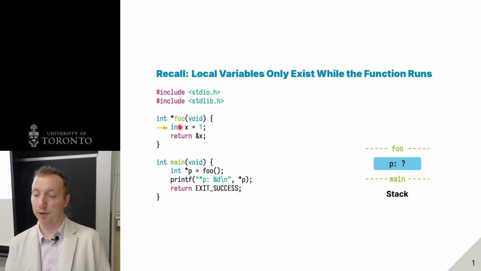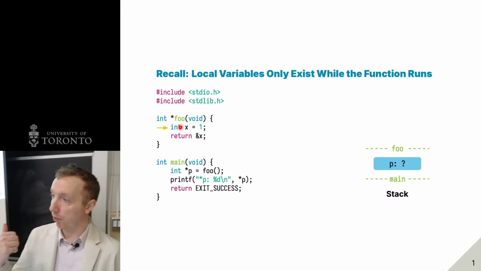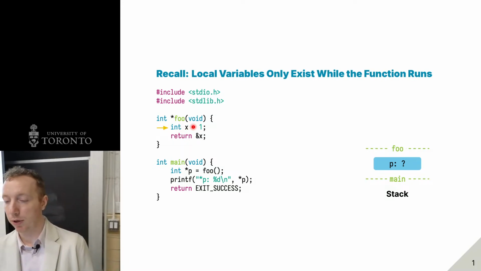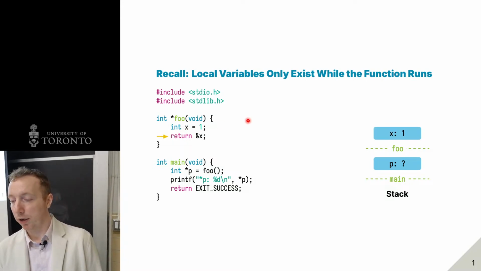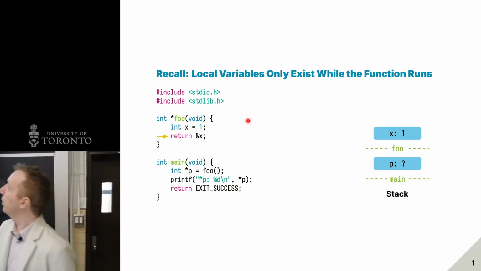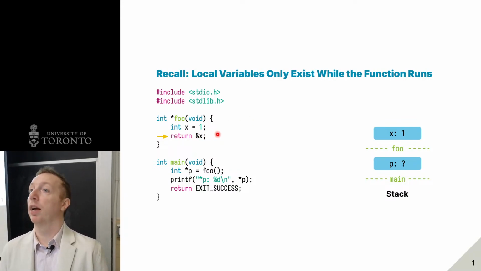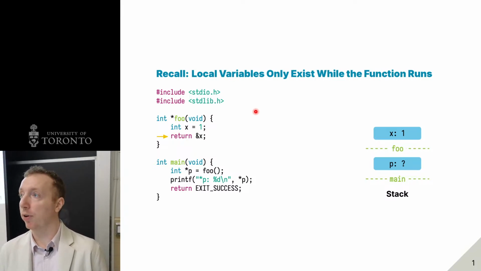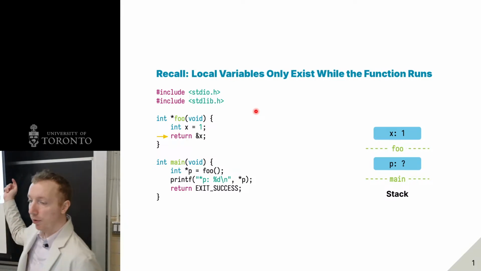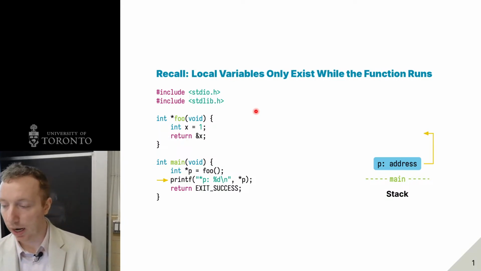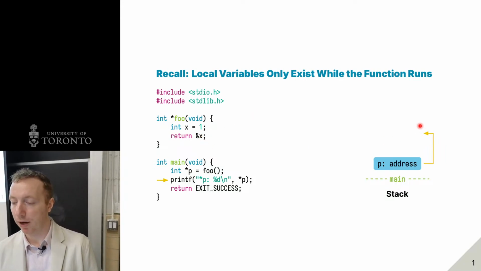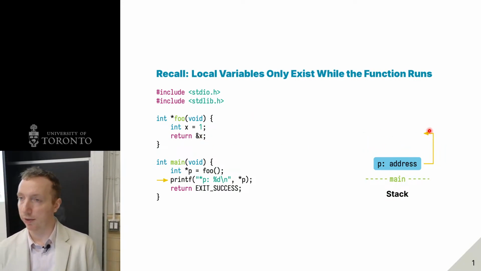So execution then goes to foo. So main calls foo. Foo declares a variable called x, assigns the value 1 to it, and then we return the address of x. So we return a pointer, or we return an address that points to that value of x. And then after we return, that value of x no longer exists.